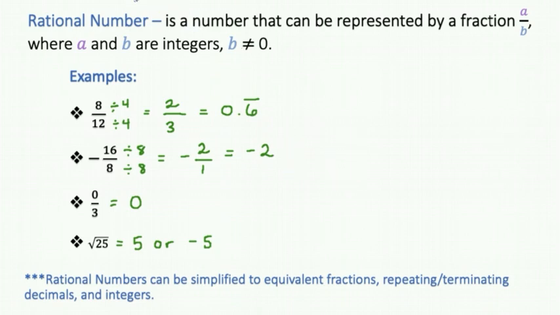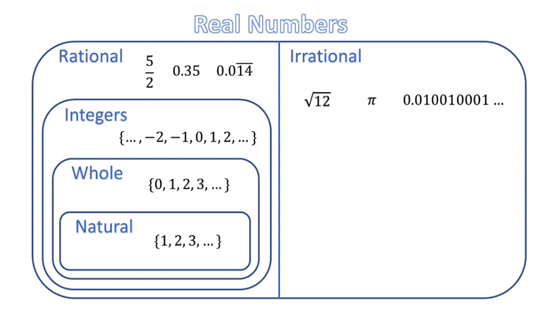So we're going to go back to our diagram, and we're going to talk a little bit about irrational numbers. On the right side here, we have our irrational numbers. We have 3 examples, and I'm going to go through each one and explain why they're irrational. So the square root of 12 is irrational because it's not a perfect square.